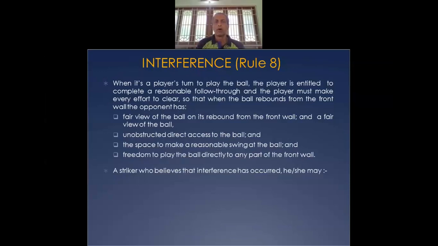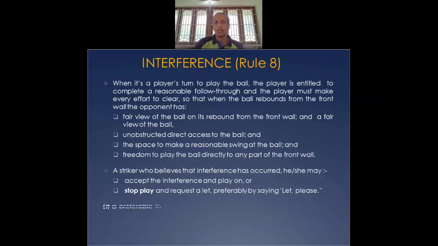So the points you'll have to note down on interference are: a fair view of the ball, rebound from the ball, unobstructed direct access to the ball, space to make a reasonable swing, and freedom to play the ball directly to any part of the front wall. So these are the things we notice in interference.